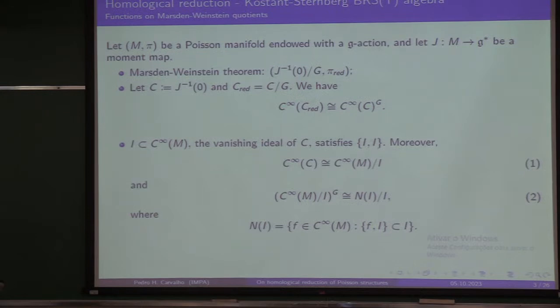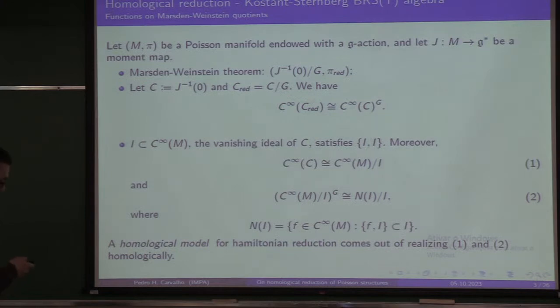Because of this condition, this is actually a Poisson algebra with a Poisson bracket, and it is isomorphic to the Poisson algebra of functions on the reduced space. This is a way of talking about reduced functions without talking about the reduced space, because everything here is defined in terms of functions on the whole manifold, okay?